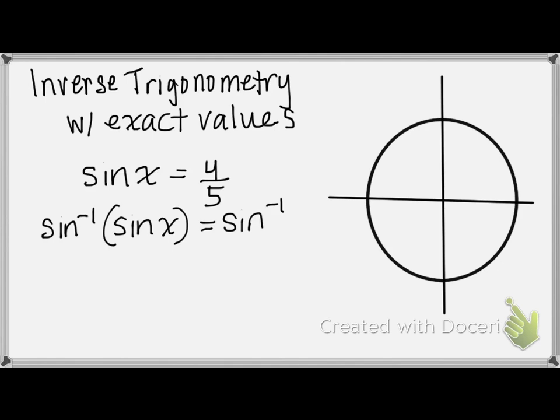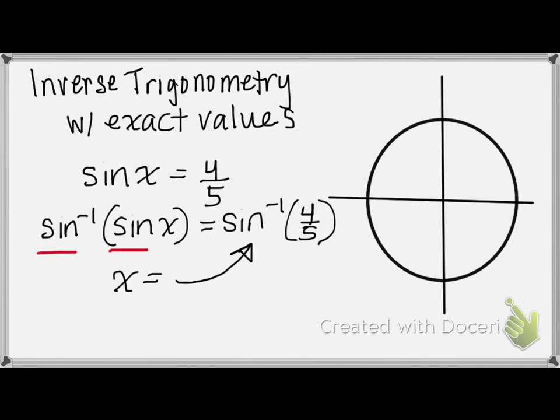Then we would have a calculator key in, because sine undoes itself, right? The inverse sine of sine x is x, and then that would equal whatever this value is, and we could key that into a calculator and figure out what angle that is. So if you've done that, then you've been doing inverse trigonometry.